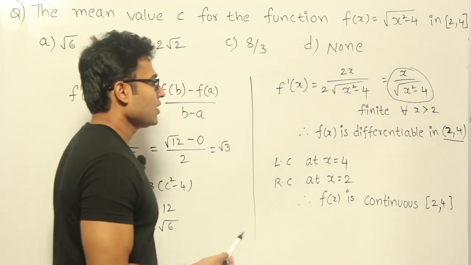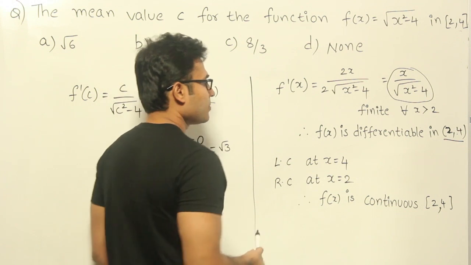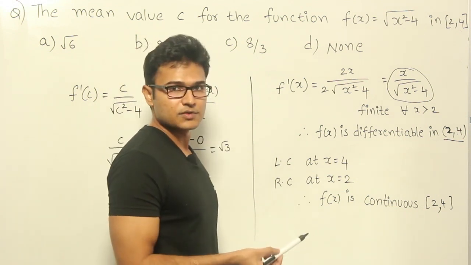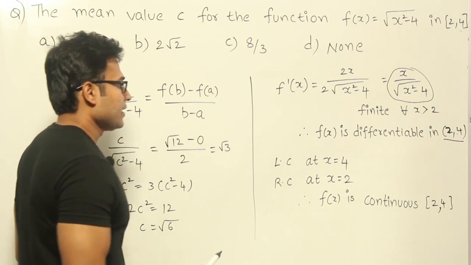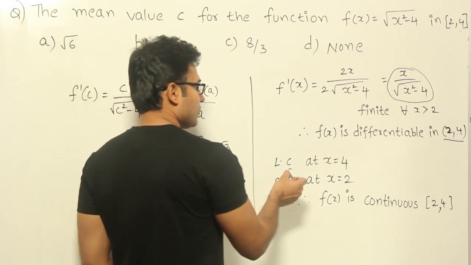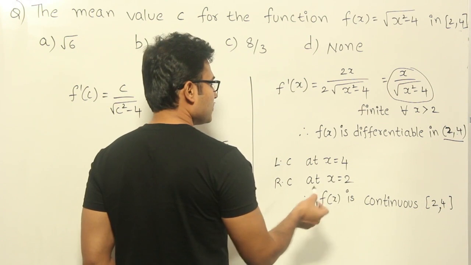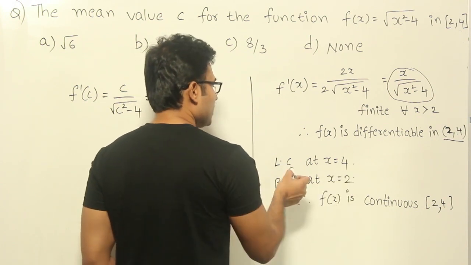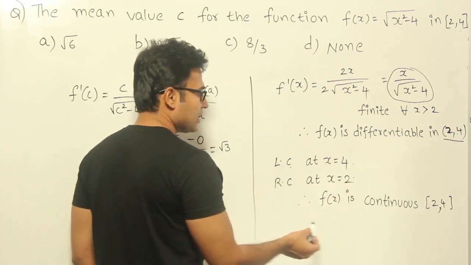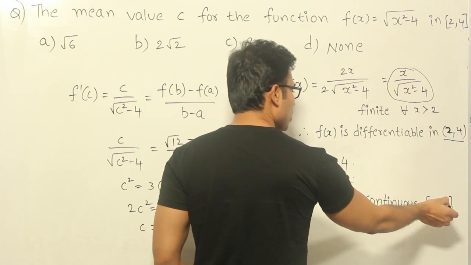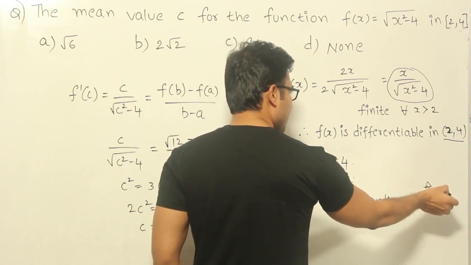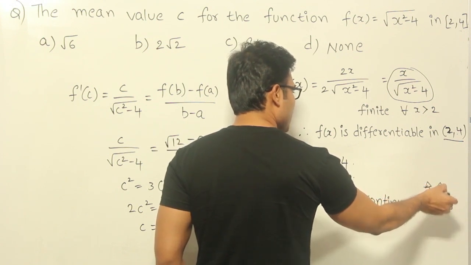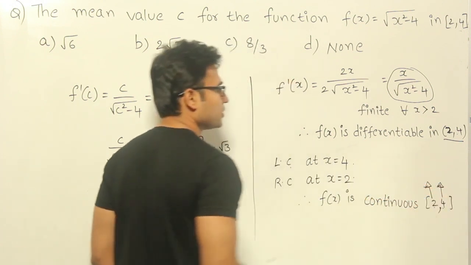And now one more condition you should check, before applying these mean value theorems, is continuity. If you look at this function, you can check continuity by looking at all the points between 2 and 4, right? So you have to see that it is continuous on 2 comma 4, which means it should be right continuous at 2 and left continuous at 4, and between these two it should be continuous, right?